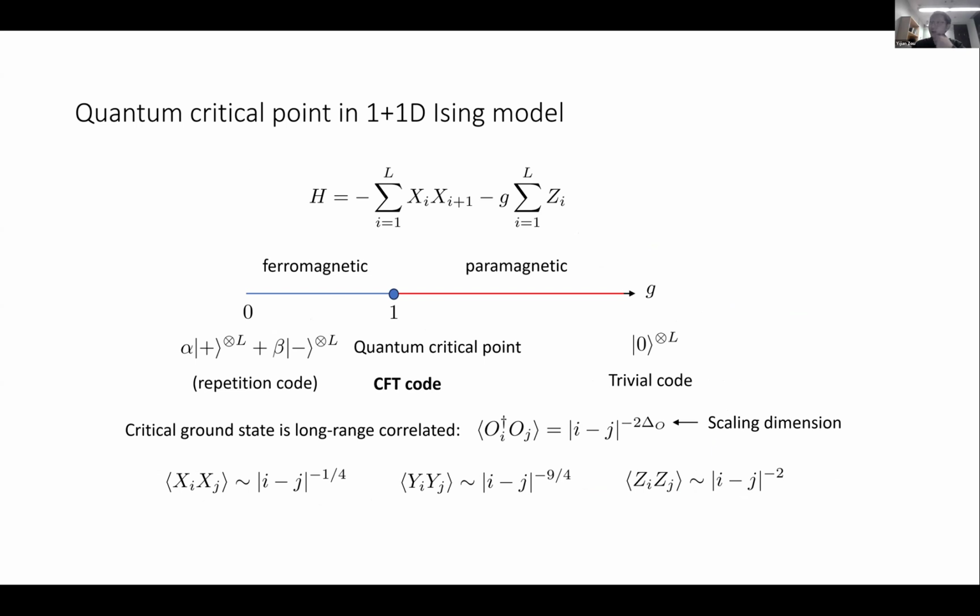Yes, now you have a gapless system, but as opposed to a usual critical system, your gapless degrees of freedom form a manifold, so it's more complicated than a usual critical point.